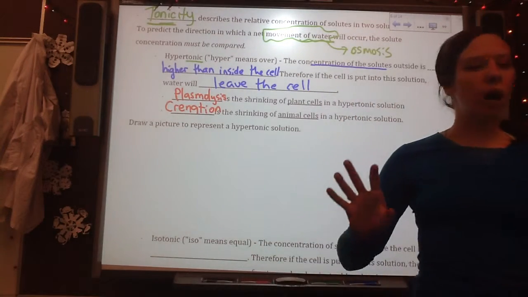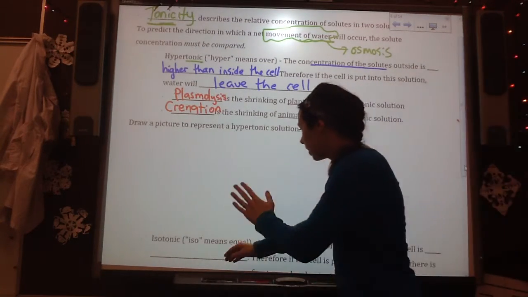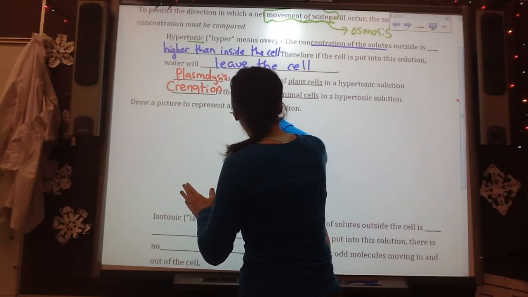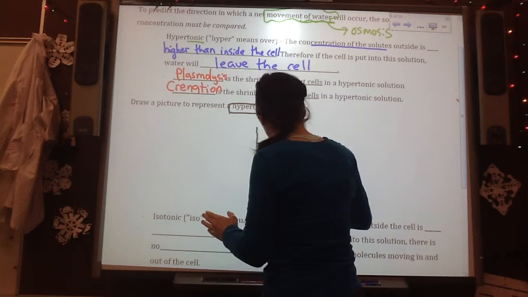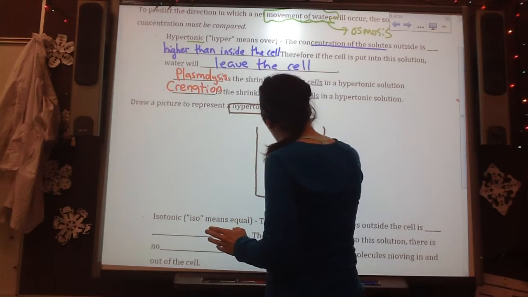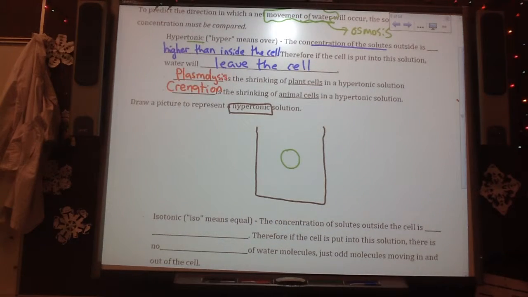All right, so now, what does this even look like? So, what I want you to do is when we draw these, so hypertonic, let's draw a beaker, and we put a cell inside. So you always start, when you're drawing these types of solutions and figuring out where the water is going to go, by drawing a beaker and a cell. Now what you think is, where is the water going to go?